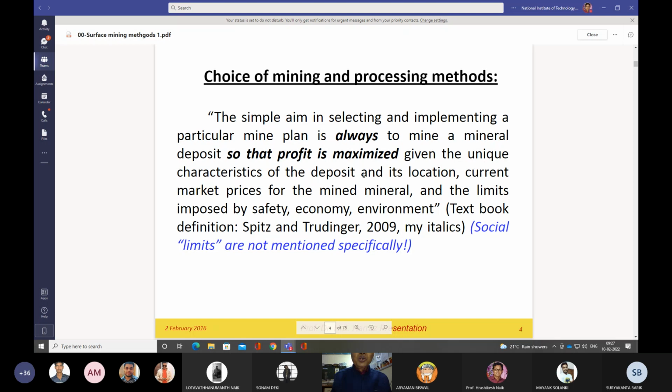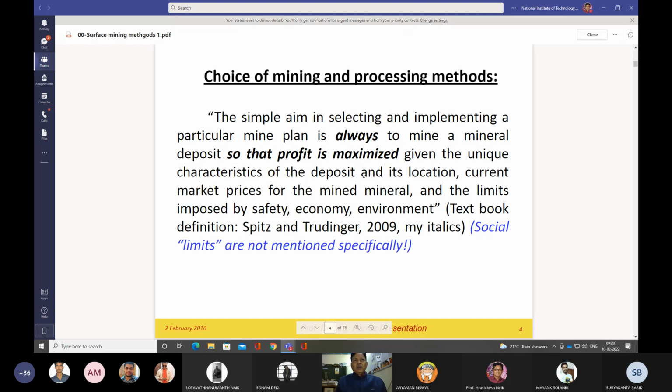Whenever you are going to extract mineral deposits, the company aims to get more profit. To get more profit, you have to minimize the cost. So the aim of every company is minimization of the cost of mining and maximization of profits. If your selling price is more than your cost of mining, then you are going to get profit.